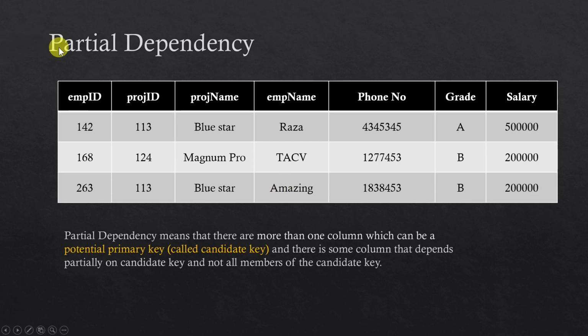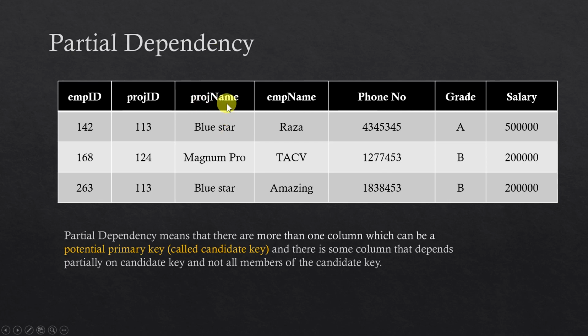So the partial dependency is that if the non-key attributes, like project name, employee name, phone number, are dependent on only one of the candidate keys, then we have partial dependency, which we need to remove in order to get the second normal form.